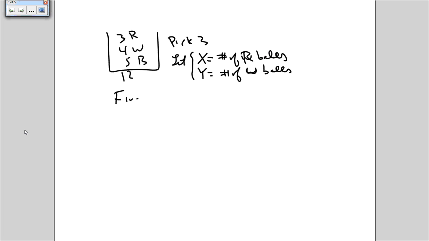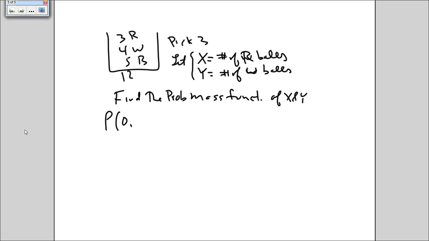So find the probability mass function of X and Y. Well, what can they be? You're drawing 3 balls.